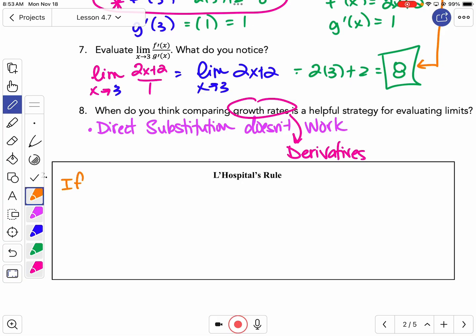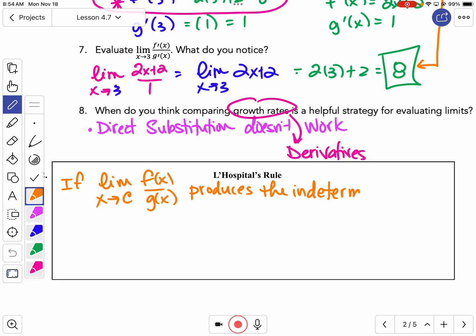Okay, if the limit as x approaches c of f of x over g of x produces the indeterminate form, okay, the only ones we're required to do in AB are 0 over 0, or infinity over infinity.